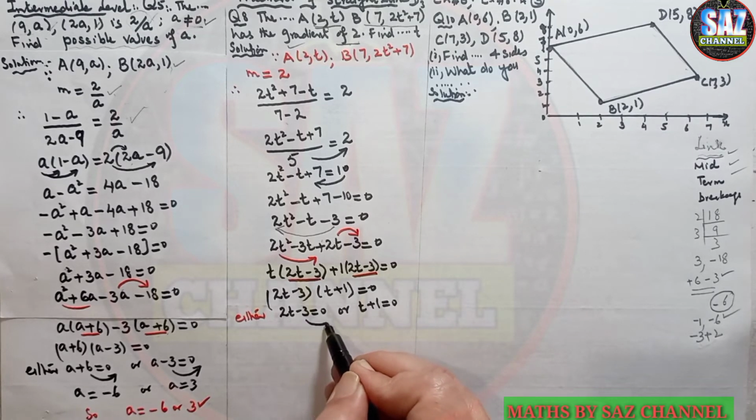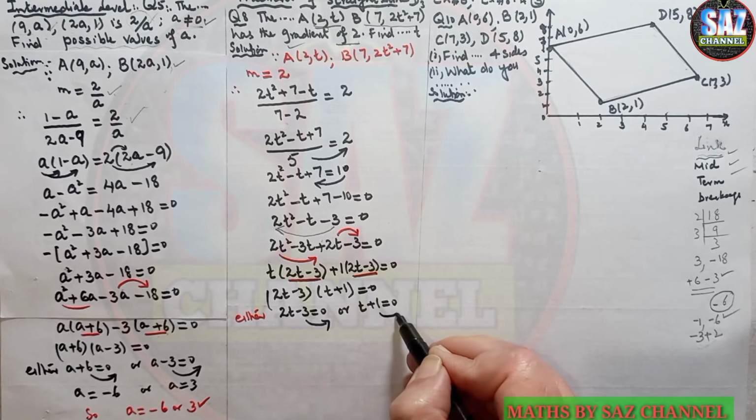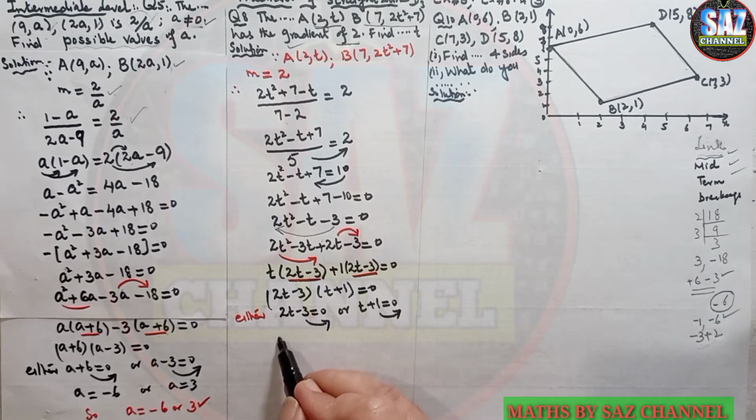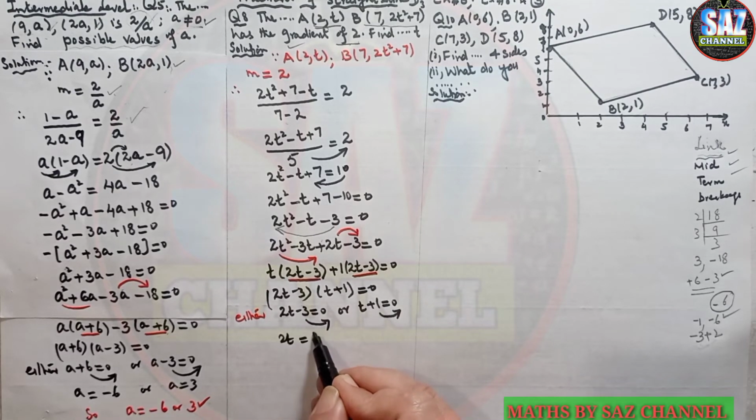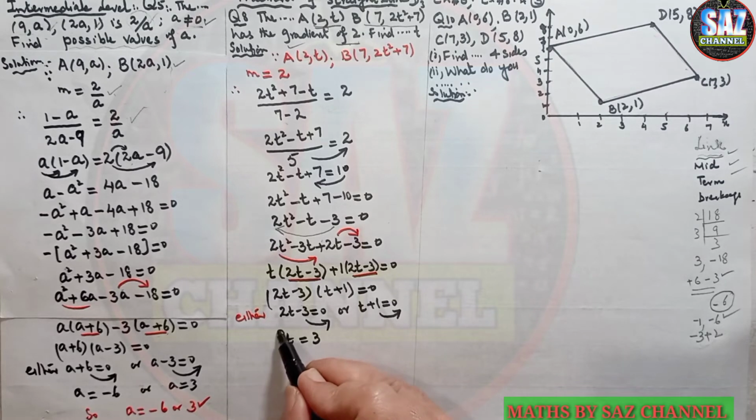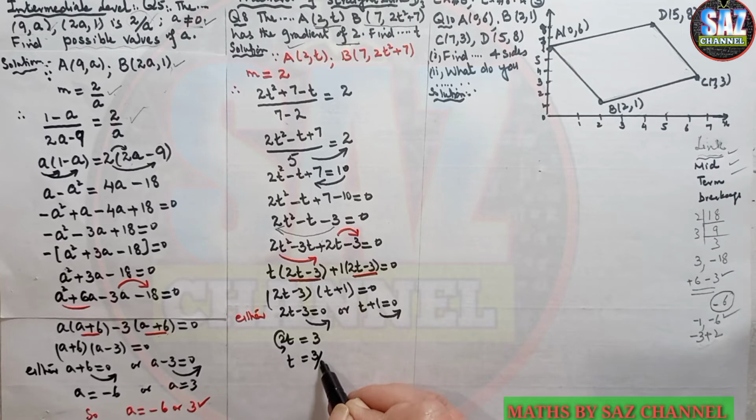In order to get the value of the variable, I have to shift this constant to the other side. 2t equals to 3, and t will give me 3 by 2. As the numerator is larger than the denominator, you have to give your answer in mixed number, 1 whole 1 by 2.